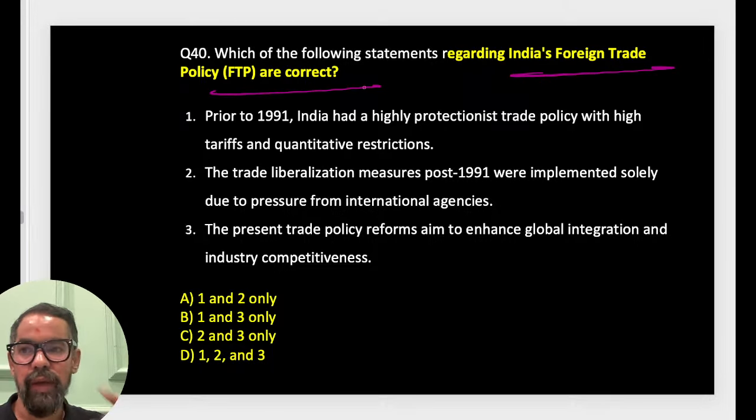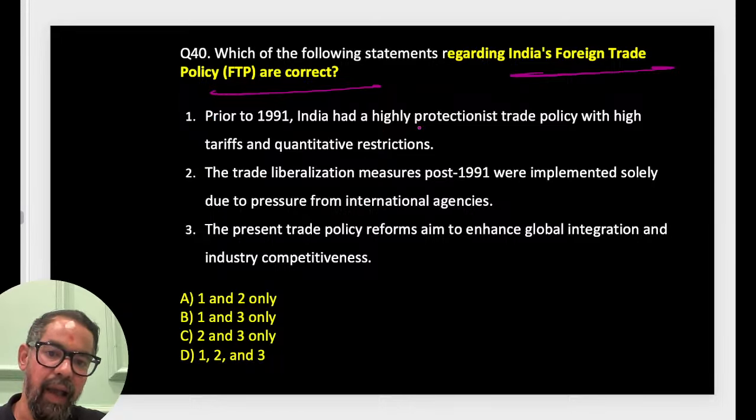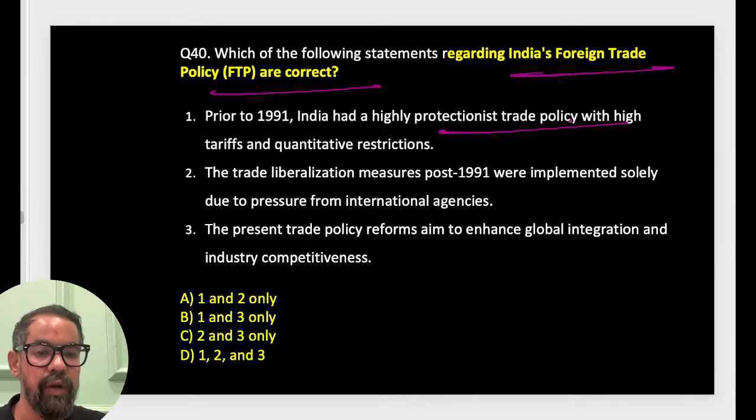So next question is foreign trade policy. Right now we are having the 2023 policy, and that is a kind of a never-ending policy, meaning we do not have any period for this one. Earlier we used to have it for 5 years, right? So now we will do amendments in the same. And DGFT is the body who generally comes up with these. So first one: prior to 1991, India had a highly protectionist trade policy with high tariffs and quantitative restrictions.